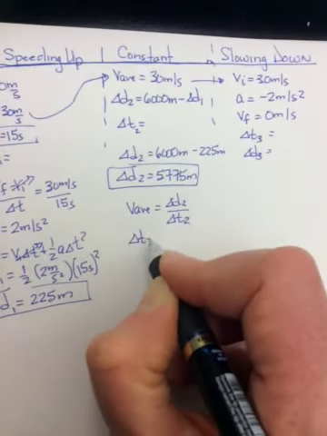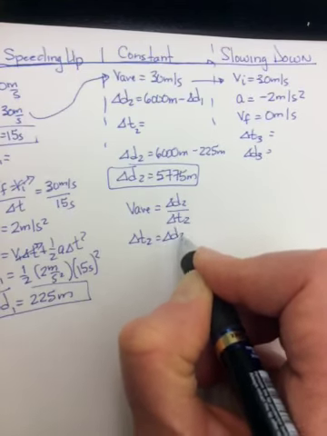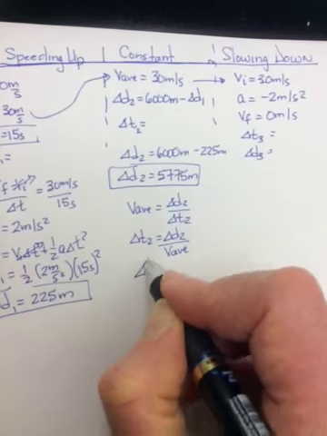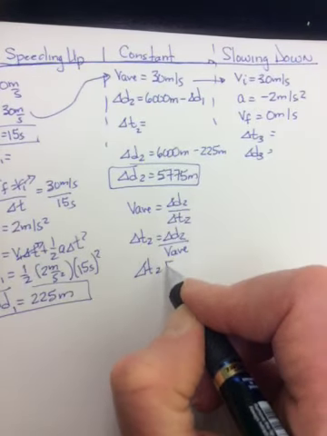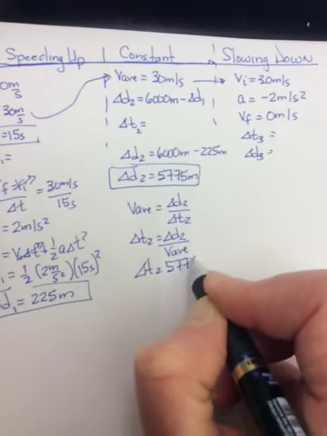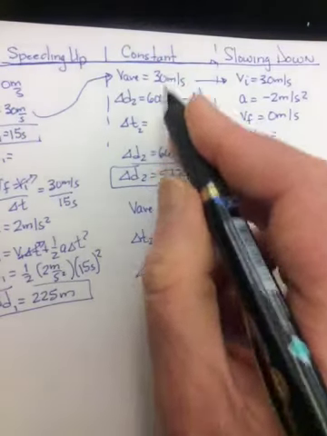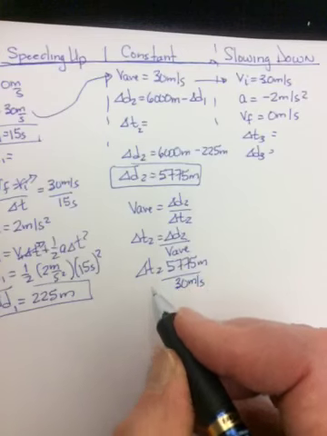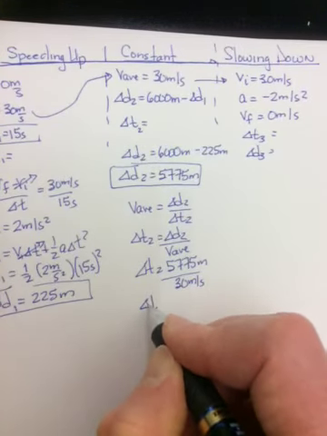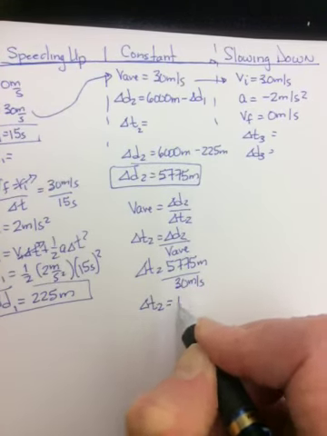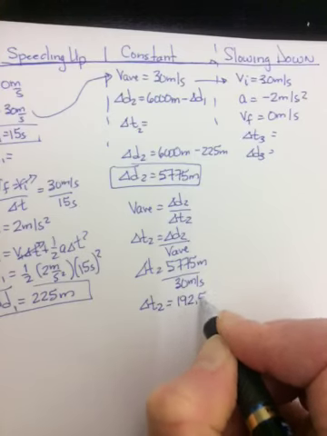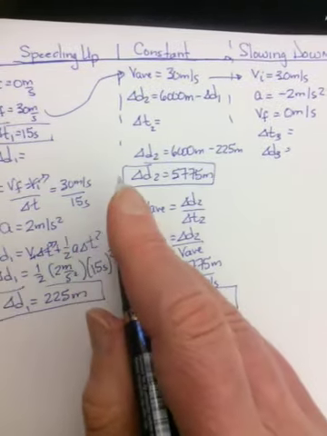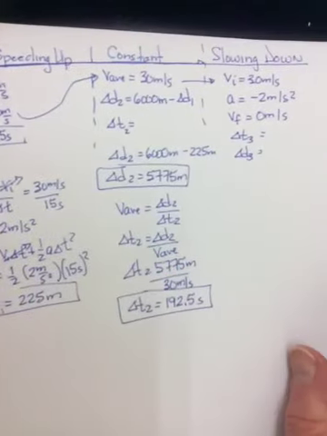So delta T2 is equal to delta D2 over the average velocity. So T2 is equal to 5,775 meters divided by 30 meters per second. And when you do this, you get a delta T2 of 192.5 seconds.